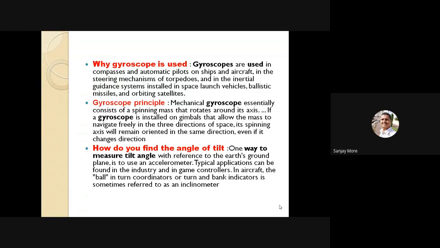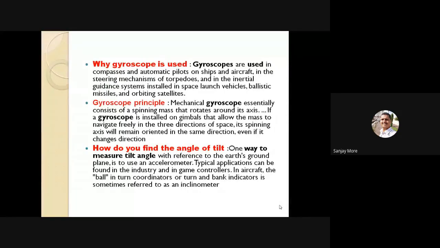See where it is used. And the basic principle of a gyroscope is that it consists of a spinning mass that rotates around its axis, meaning the XYZ three-dimensional axes.